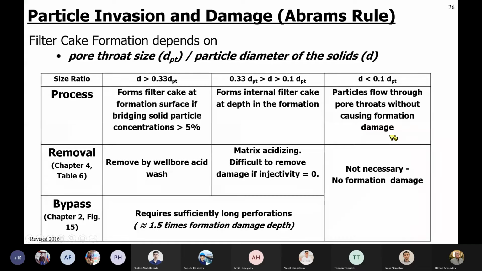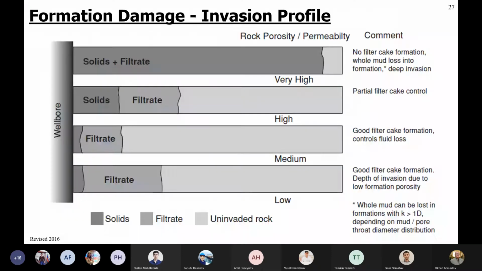This is the invasion profile depending on the rock porosity and permeability. As we said, the higher the rock permeability, the longer the penetration of the solids and filtrate of the drilling mud.